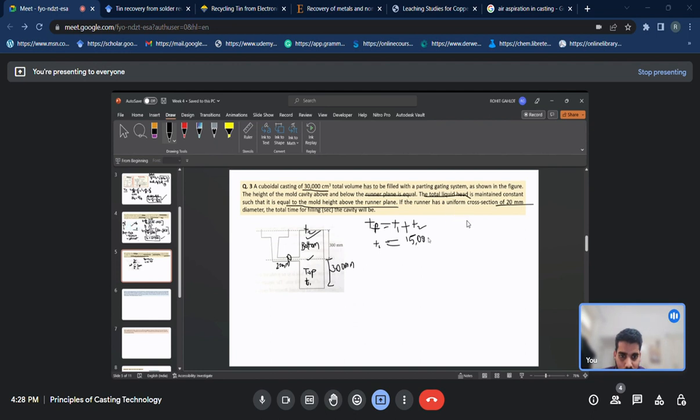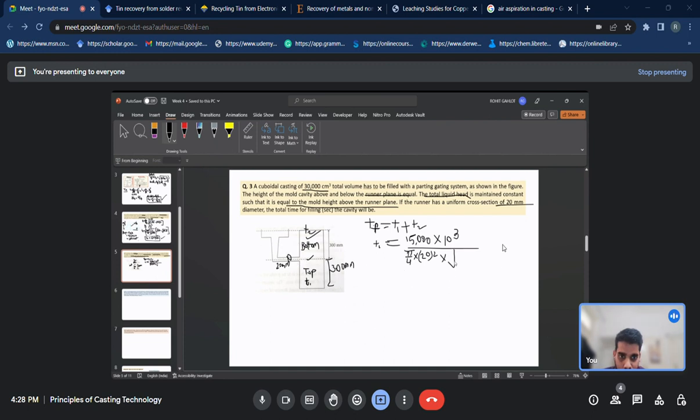So for the top gating system, T1 will be 15,000 centimeter cube, which I converted to mm cube, divided by the area of this gating system, which is pi by 4 times d square, where d is 20, times velocity.